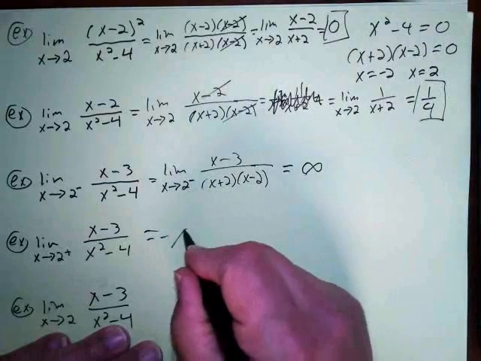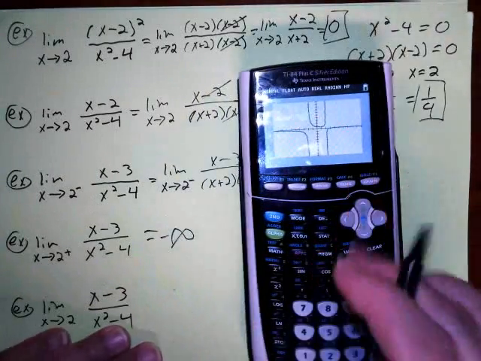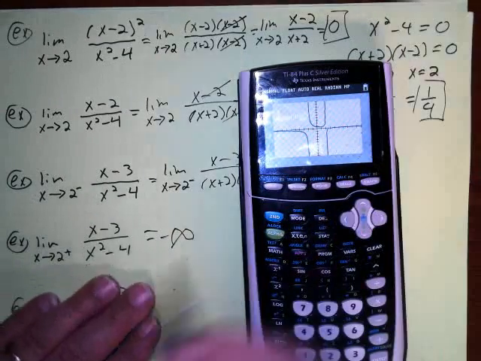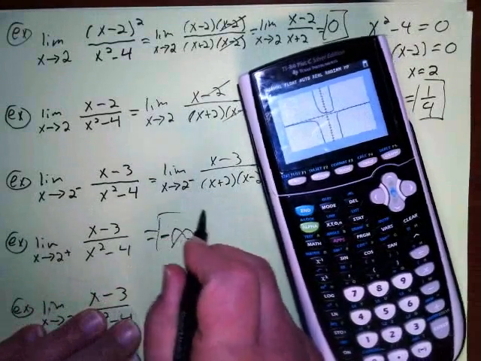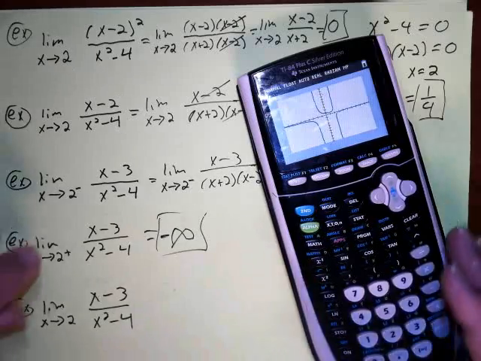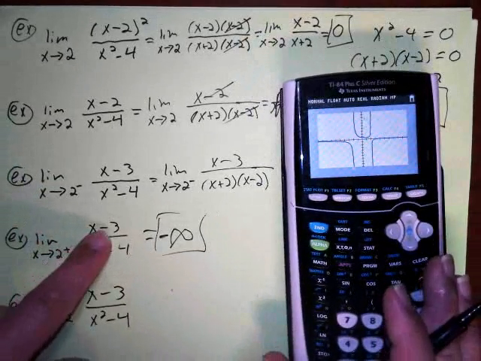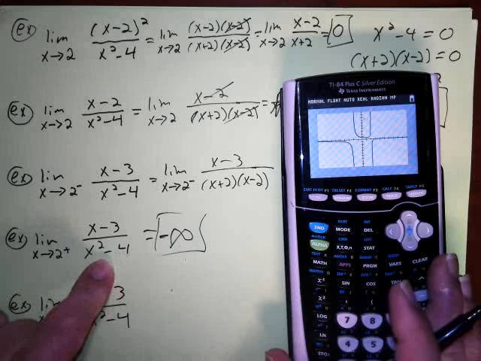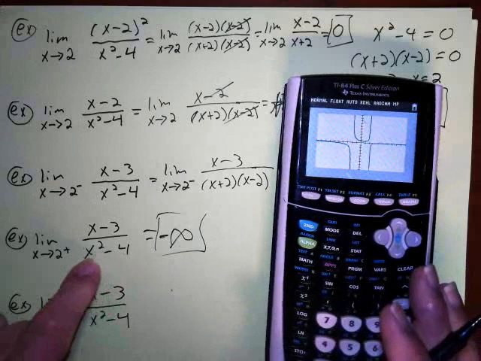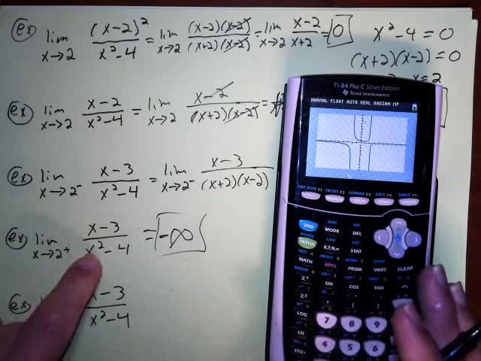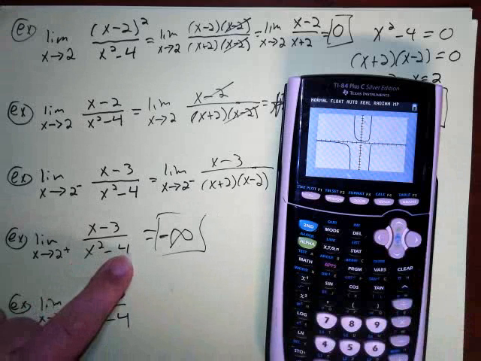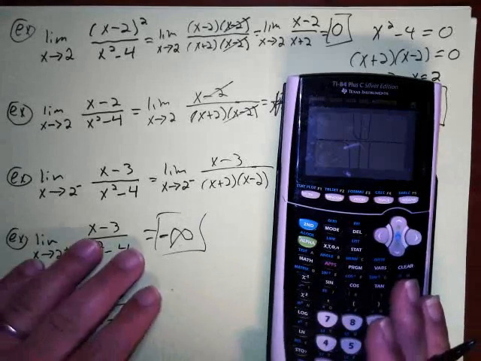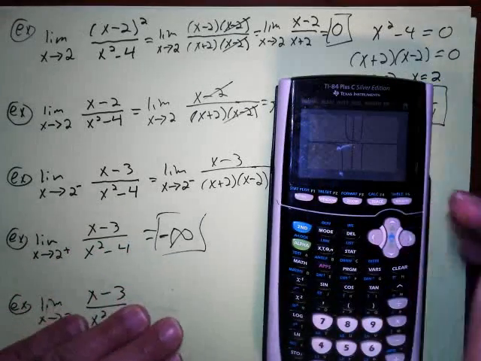I'm sorry, negative infinity. So as I approach from the positive side going down, I get negative infinity, right? And you could see it here that if you approach from the positive side, this would be negative, and this would be something bigger than 2, which would make that bigger than 4, so that would be positive. Okay? So a negative over a positive is negative.